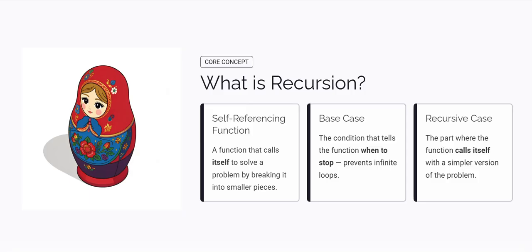So what is recursion here? A self-referencing function. As I told you, the function calls itself, so it is referencing itself, to solve a problem by breaking it into small pieces and then calling itself. Base case: the condition that tells the function when to stop, which prevents infinite loops.